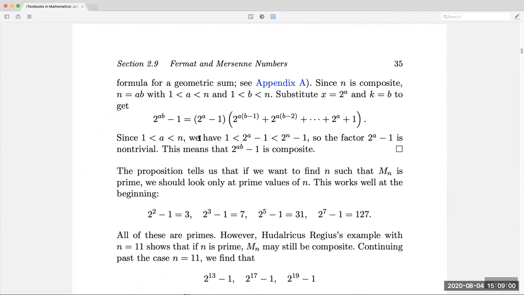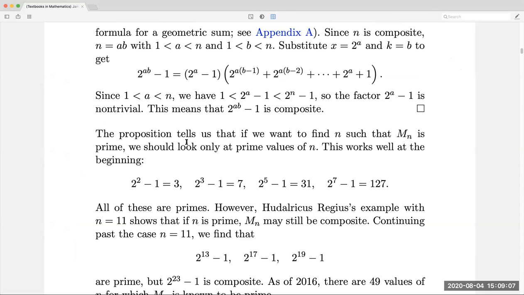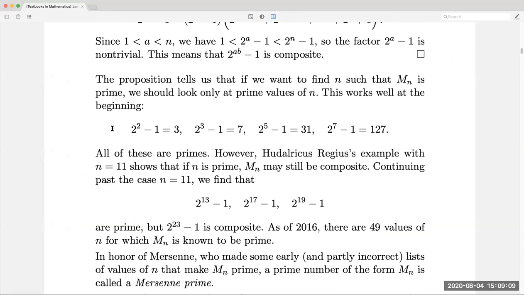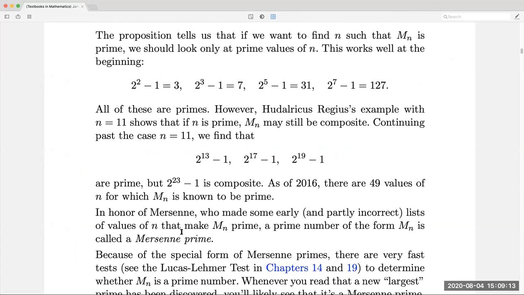Okay, and then you can check by yourself. So for the prime number, but the others are not prime.